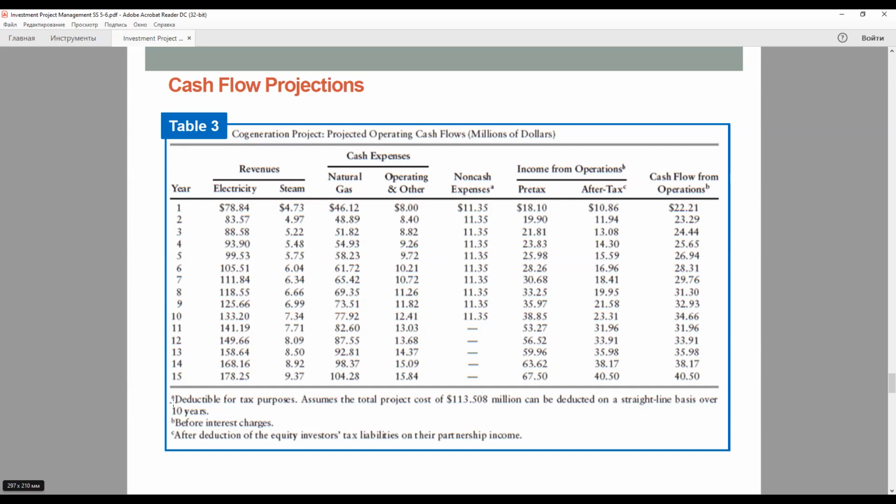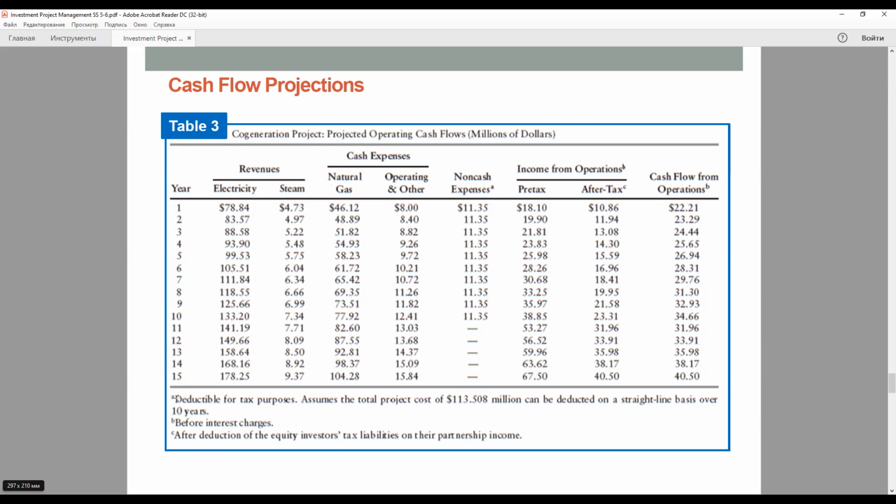These projections can also be used to predict how the project's financial condition is expected to change over the life of the project. And consequently, the initial capitalization table can be used in conjunction with the information underlying the cash flow projections to prepare a set of projected financial statements: income statement, balance sheet, and statement of cash flows for each year of the project's life.